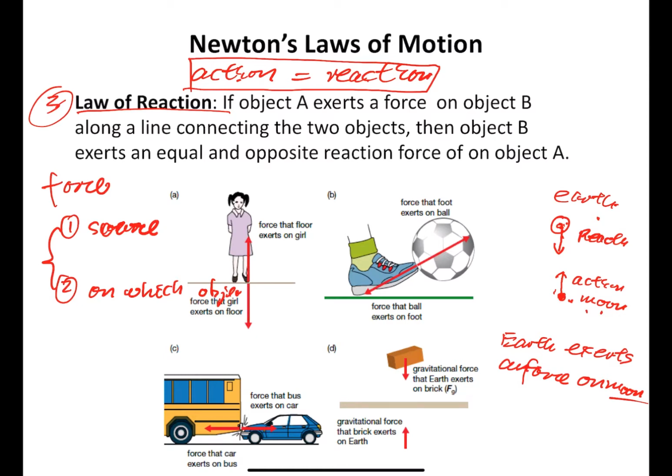If the force from there on this one is 10 Newton, this one will also exert the friction on this one, 10 Newton. Same. Then why do we slip? Why do we slip if there is less friction? We'll compare a little bit about the friction. Yeah, let's clarify these two things first.